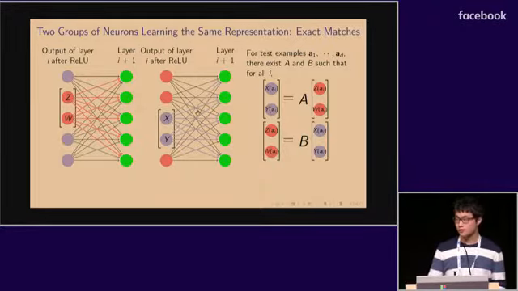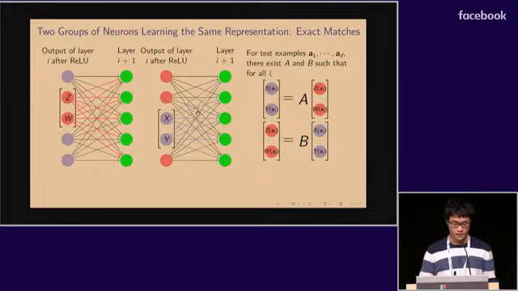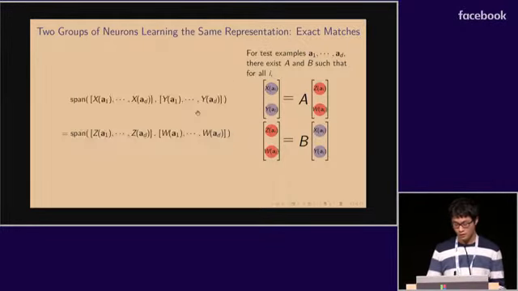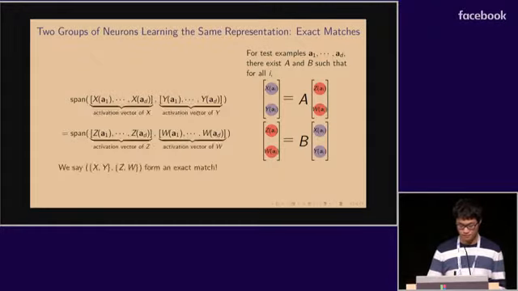Our definition for exact match also works for convolutional layers. We just need to replace the output of the neurons by feature maps and replace the weights by convolutional filters. So this definition has an equivalent form. That is, the output of these two groups of neurons span the same linear subspace.